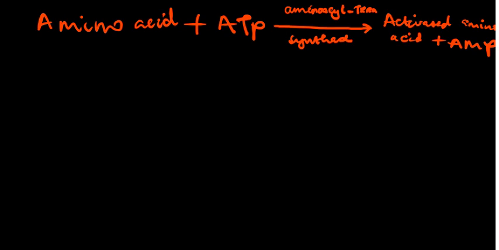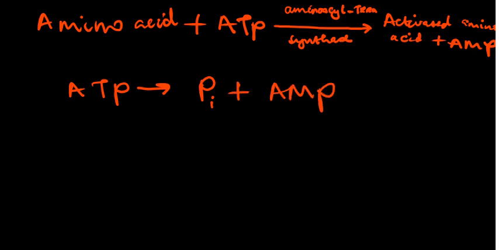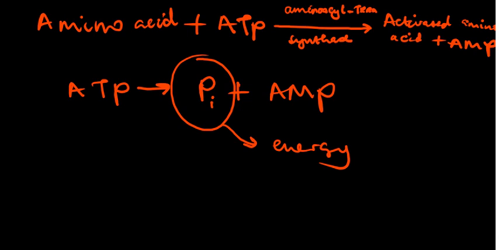ATP is a very high energy containing molecule, such that when you break it down, we'll have this high energy phosphate group, or phosphoryl group, plus the adenosine monophosphate. It is when this phosphate group is released that energy is involved. This is the energy that's going to help activate this amino acid.